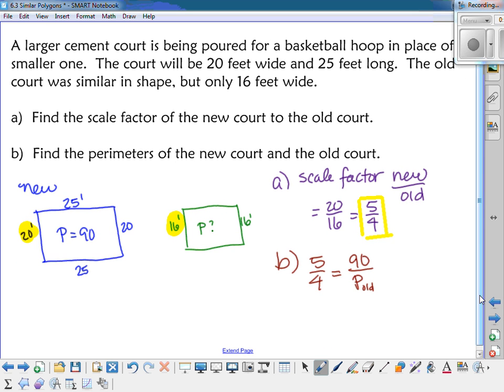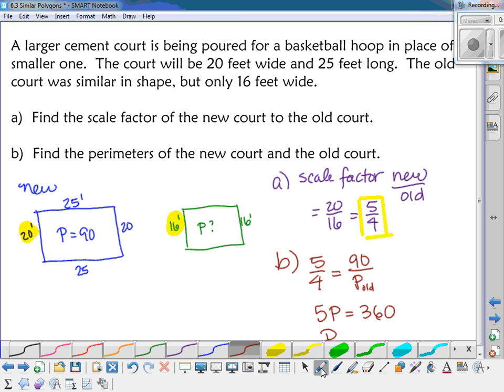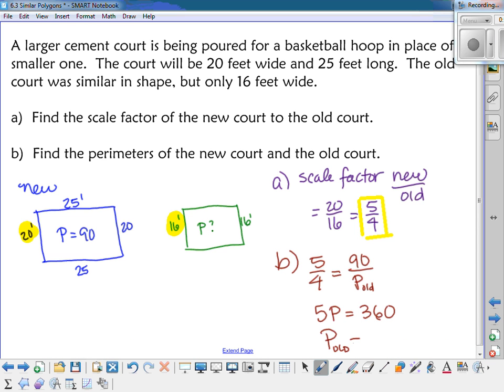So 5p is going to equal 4 times 90, or 360. And then if I divide by 5, I get the perimeter of the old court is equal to 72 feet.